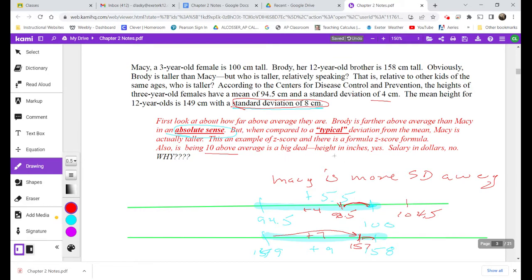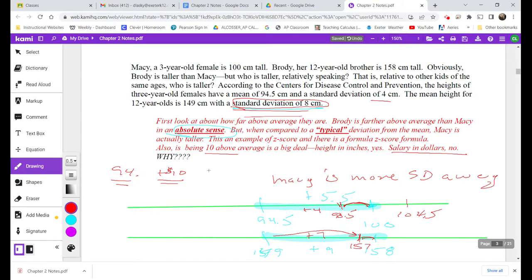Okay, sorry, it is a big deal because you're almost 3 standard deviations away. But in dollars, no, because if we're at $94 and we add $10, it doesn't make much of a difference because it's all relative to the amount of numbers you use, and to the number of standard deviations we're dealing with.